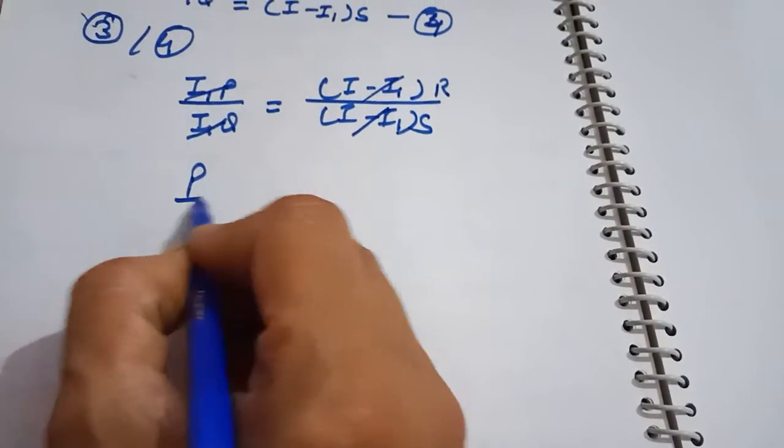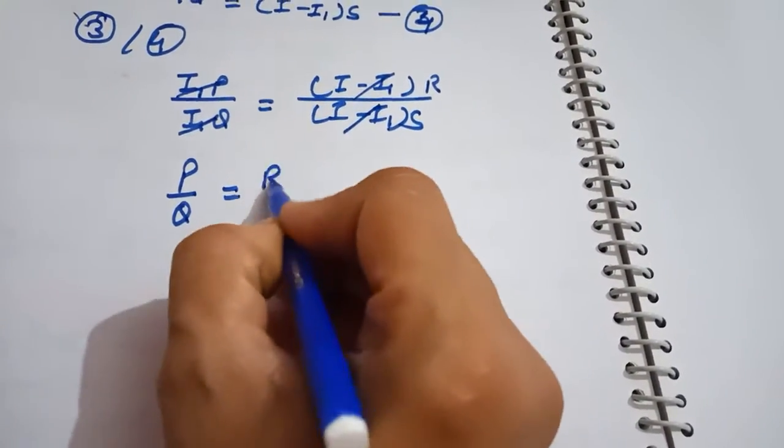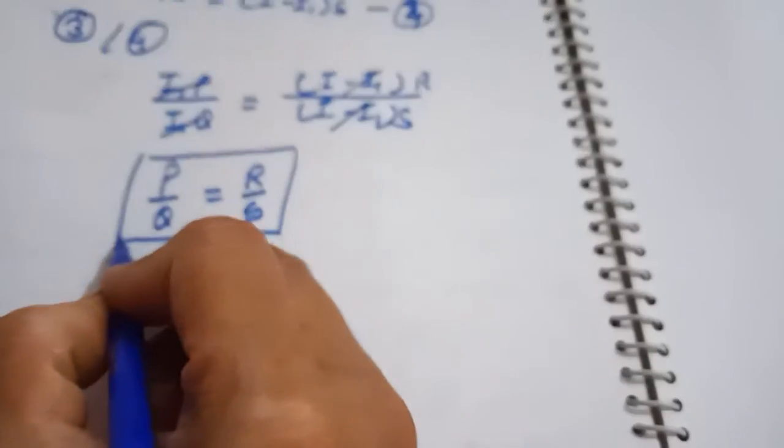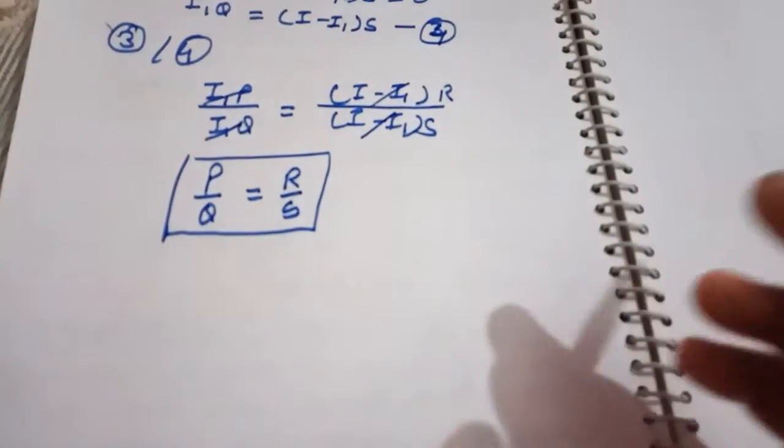What you have got is P by Q is equal to R by S. This is the condition of the balanced Wheatstone bridge.